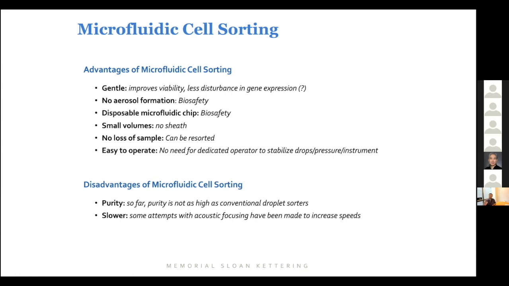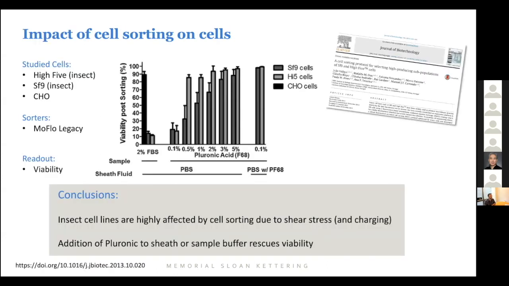But when it comes to the impact of inducing stress, it is very questionable whether this is really needed, at least for the cells that have been evaluated so far. And I would be very hypocritical to say that the sorters don't have an impact on cells, because we have published situations, in this case with insect cells, where if we sorted them, the viability would go from 95 to around 10%, and we could recover that viability by adding pluronic either to the sample or to the sheath, right?